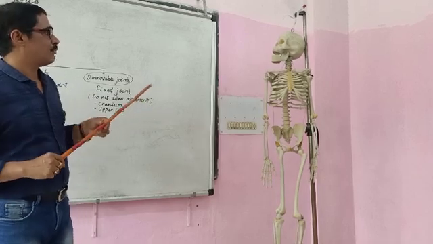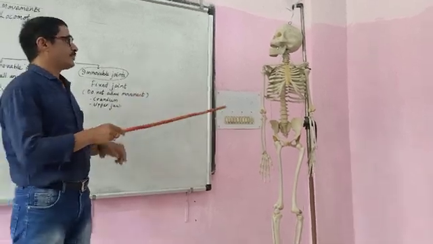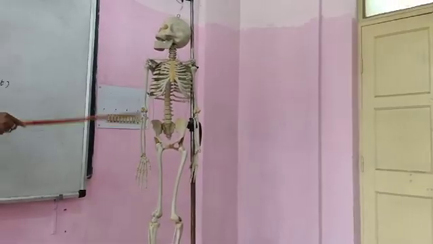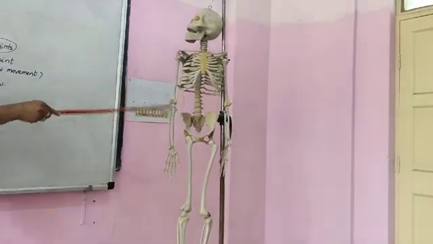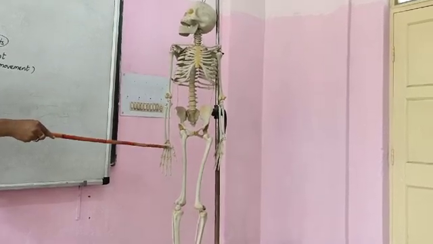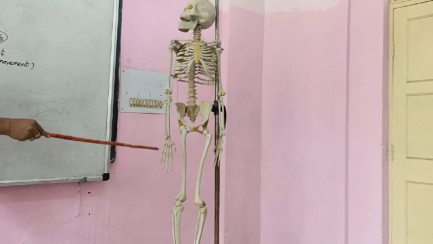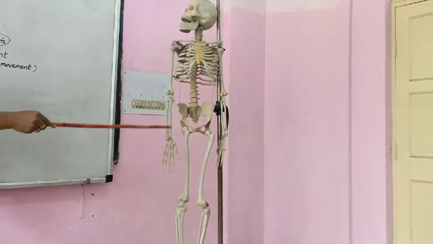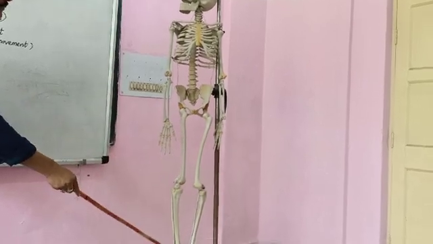Now, what are the different bones? Mainly, the bones are the forearm, the arm, the wrist, the palm, and the fingers. These are the bones of the forelimb, and these are the bones of the hind limb.